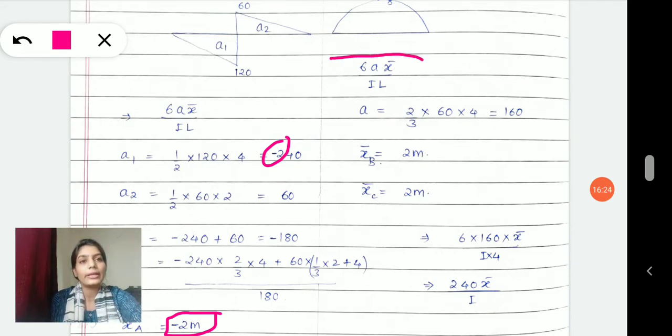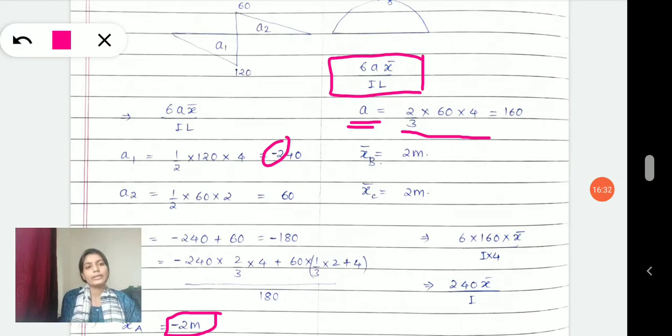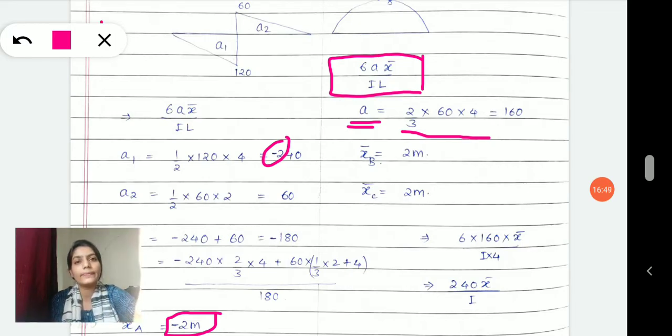Next, here I am calculating 6 A x bar divided by I L, where A is 2/3 × 60 × 4. What is 2/3 × 60 × 4? That is the area of a parabola. We have a parabolic bending moment diagram here, whose area is 2/3 into length into height. How have I taken the height?